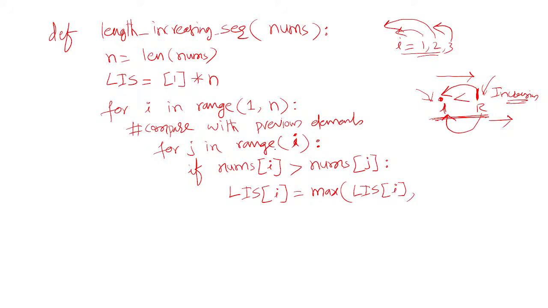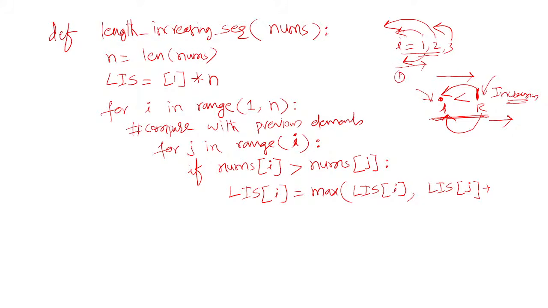since j is changing the increasing sequence length here, and the previous lis value at j plus 1. You add 1 because this right side value is now forming an increasing sequence with the left side value, so the length is increasing.